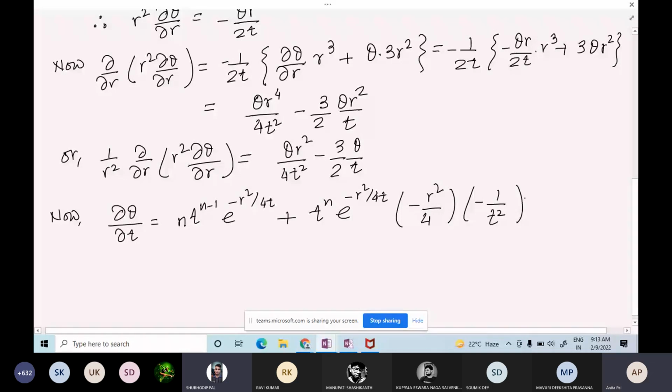Now if we simplify, we'll have n theta by t, because t to the power n e to the power minus r square by 4t is nothing but theta. Since it is t to the power n minus 1, we need another t, so we multiply by 1 t in the numerator and divide by the same. So we can write this as n theta by t, and minus minus will become plus theta r square by 4 t square.